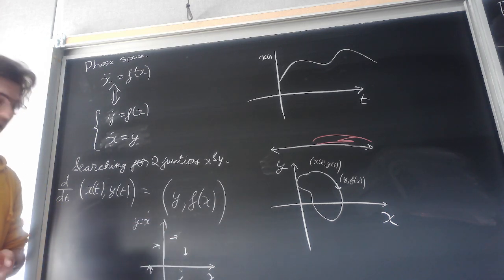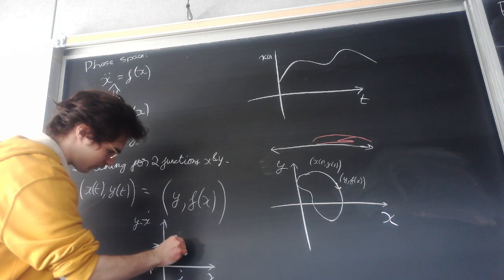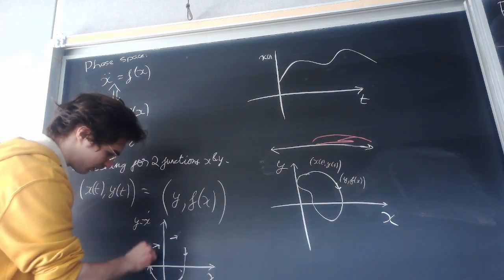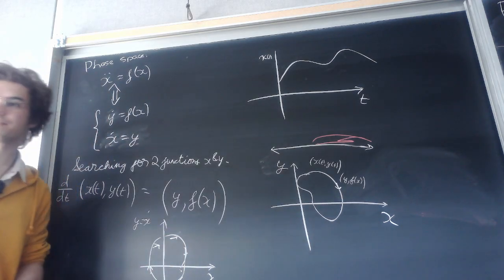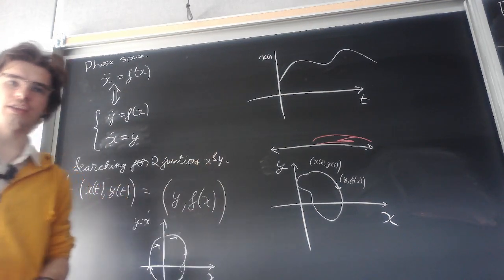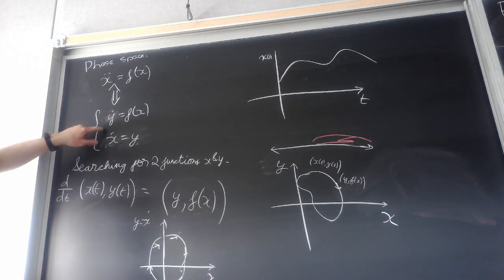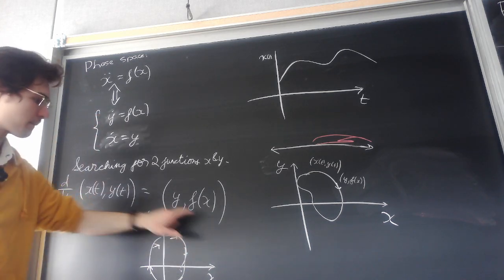Do you agree? And so if I knew that these are the arrows, then I can guess that the curve would be something that goes like this. Do you agree? So this is why it is useful to rewrite this equation like this and plot this vector field in phase space.